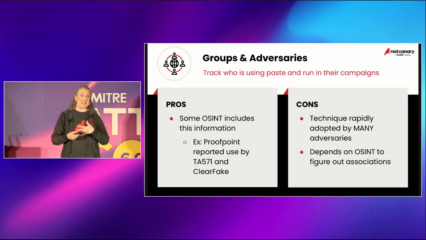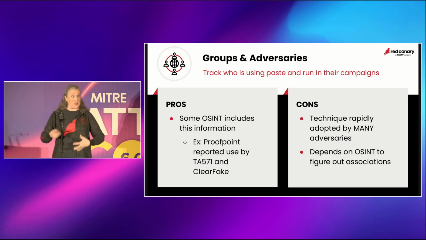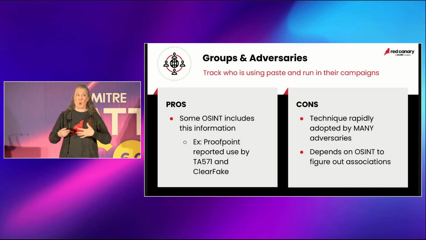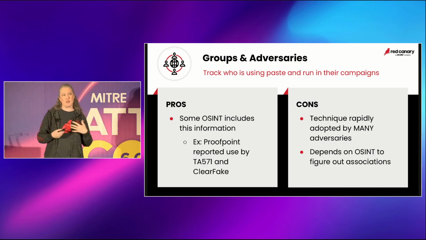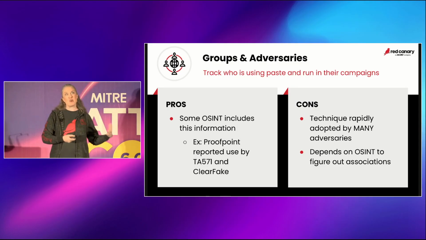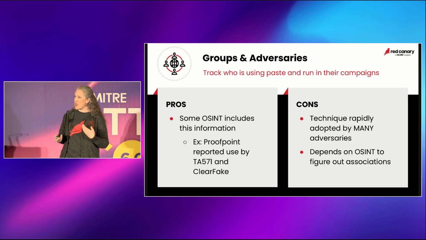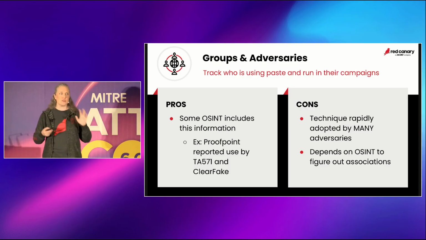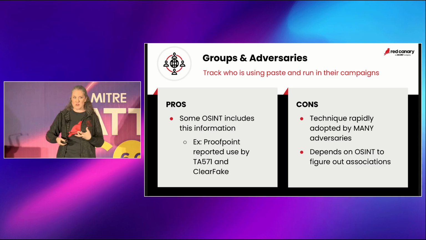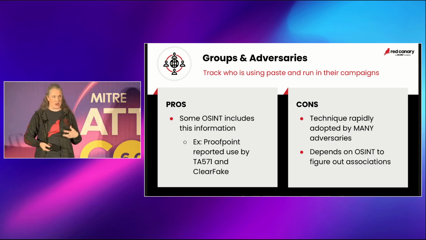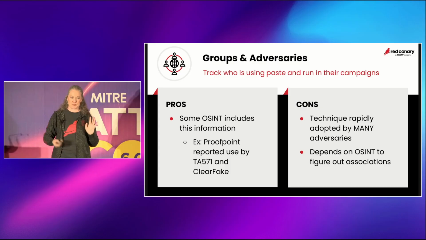Red Canary is an endpoint company for the most part, and so we see endpoint data. So we really have to leverage our friends who have better visibility into initial access campaigns to make certain associations and attributions. Also, this technique has been adopted by so many adversaries. So that's a little tricky.